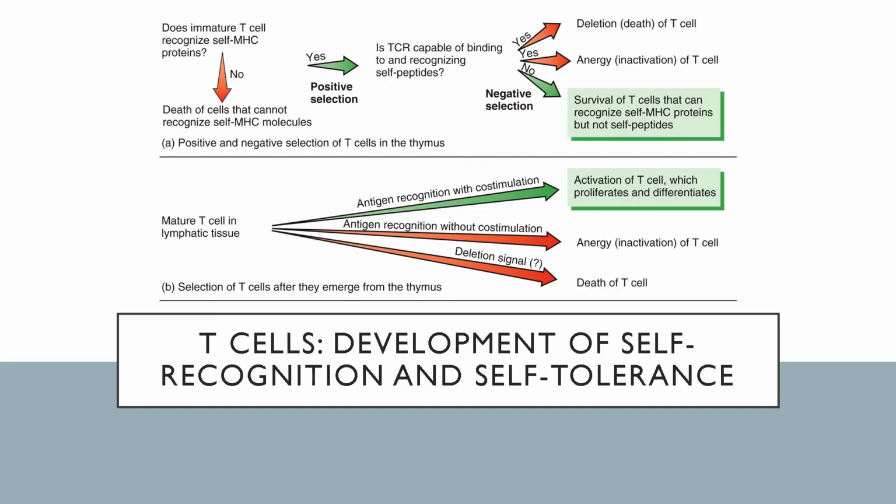Okay, so here we have development of T cells on this slide. So pre-T cells in the thymus will develop the capability for self-recognition by a process called positive selection. So in this process, some T cells will express T cell receptors that interact with self-MHC proteins on the epithelial cells in the thymic cortex.